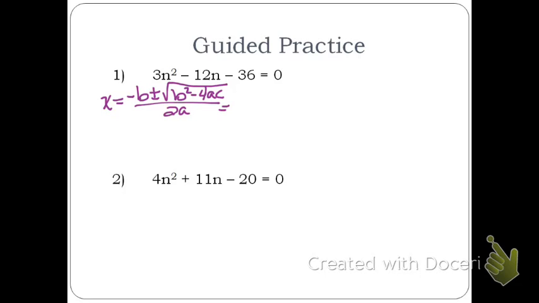Plug in your values. Negative b, so b is equal to negative 12, plus or minus the square root of b squared. B is negative 12 again, squared, minus 4 times a times c.